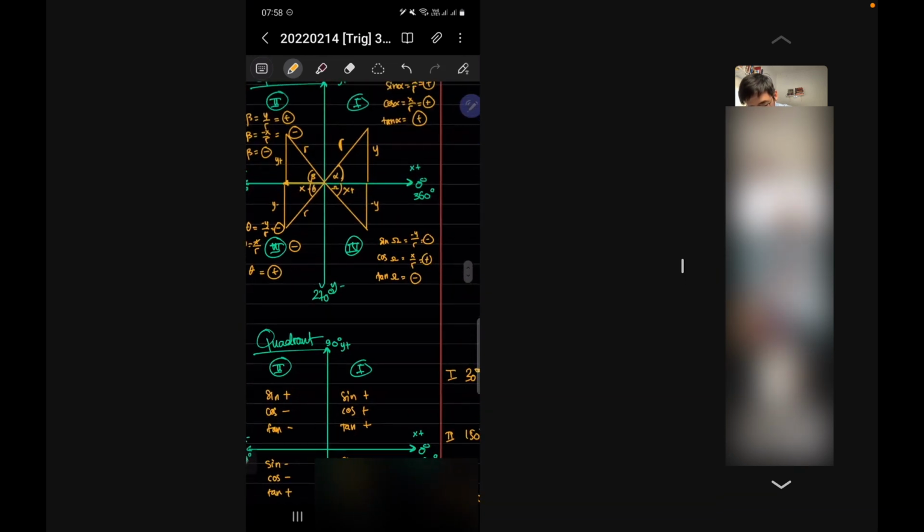Wait, am I right? Cosine is x over r, yeah. So it's positive half and the root of 3, then tangent is minus 1 over 3 and the root of 3. Okay, so those are the examples that I want to show you.